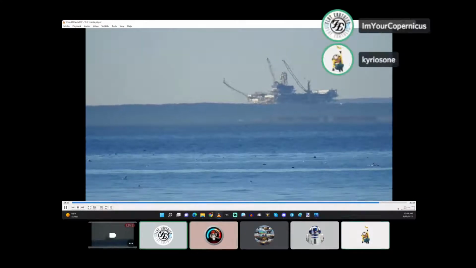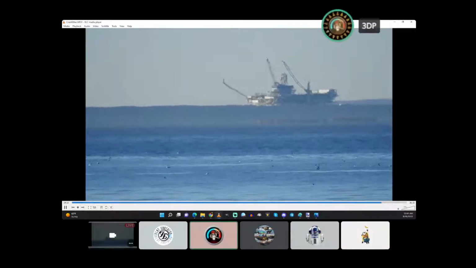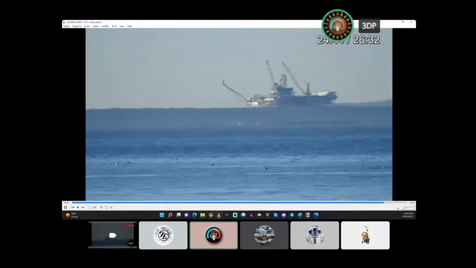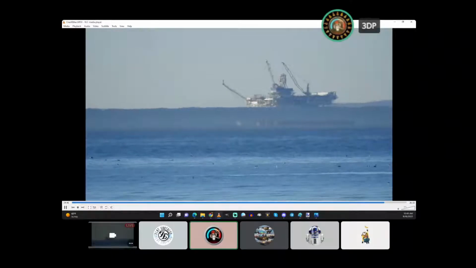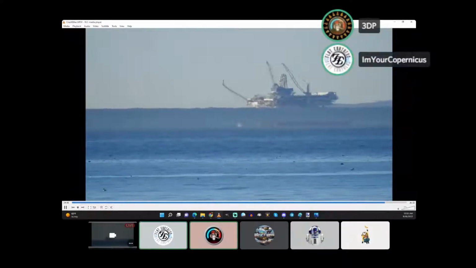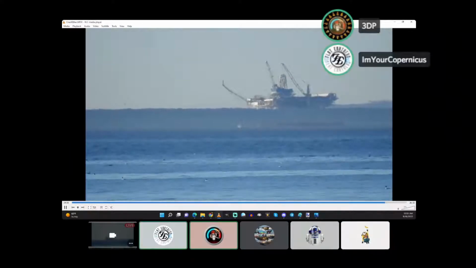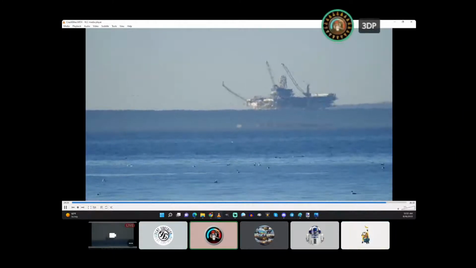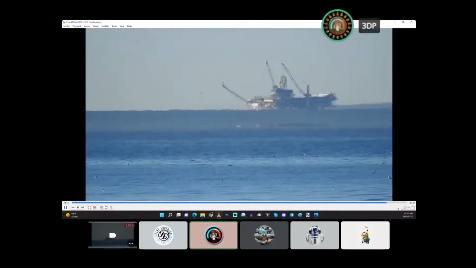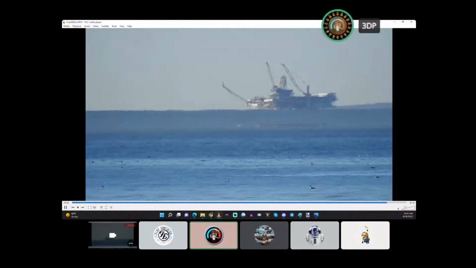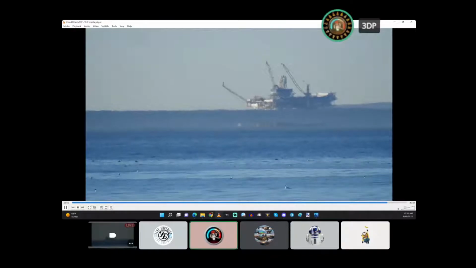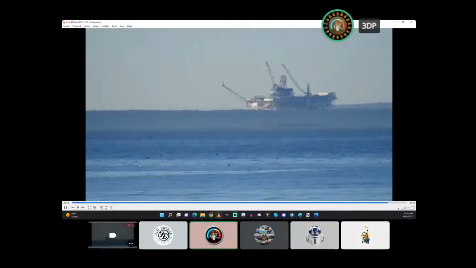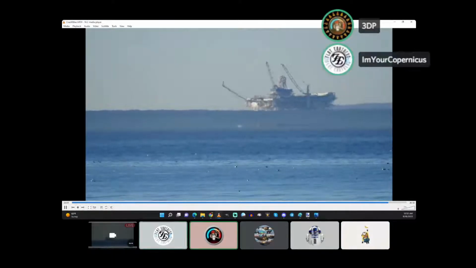I'm going to jump forward real quick. And again, here we go. It's now moving behind the platform. So now watch to the left of the platform. Here it comes.